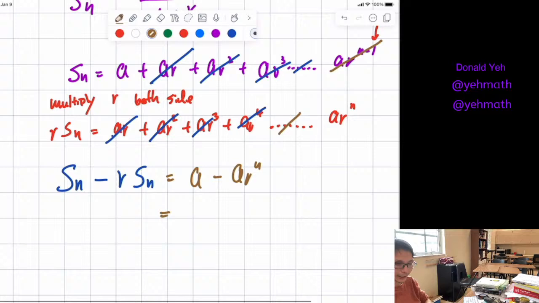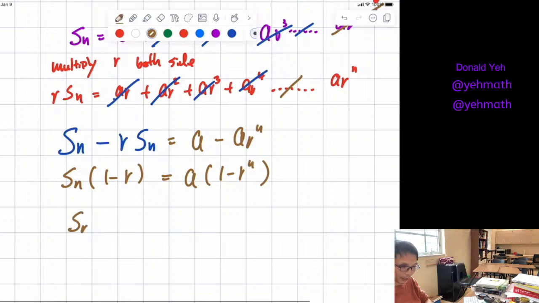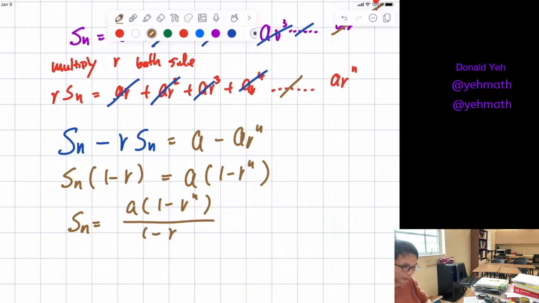And then you're gonna take out an a, and you're gonna take out a Sn. And then you can say Sn is equal to a times 1 minus r to the n over 1 minus r. Do you see that? And this becomes a finite geometric series. Then you say, well, how do I turn finite to infinite?